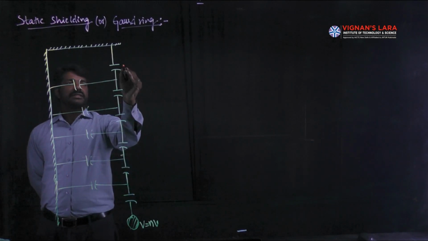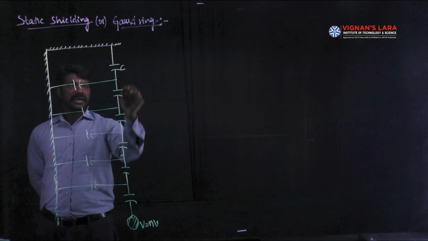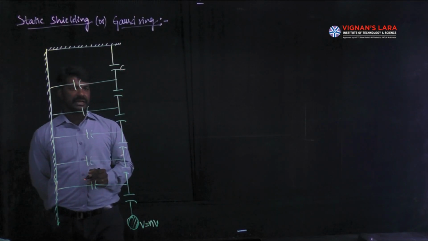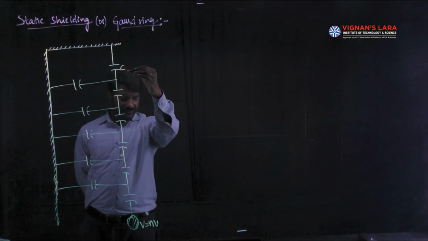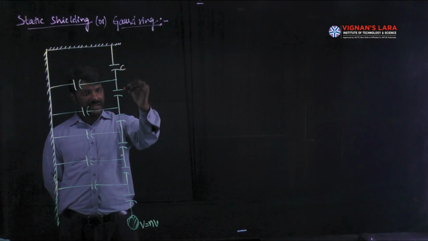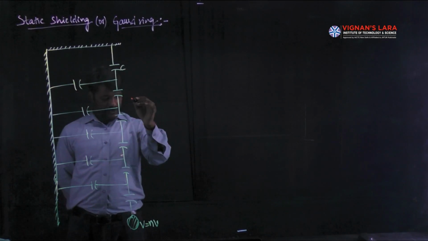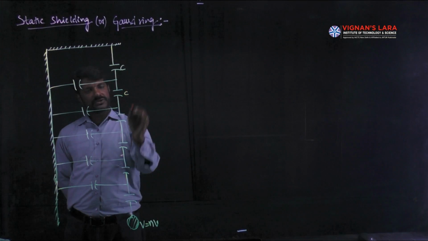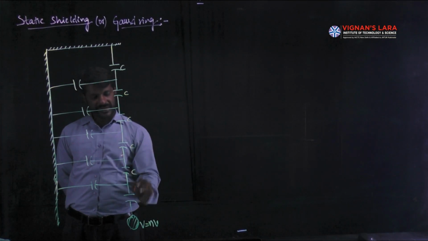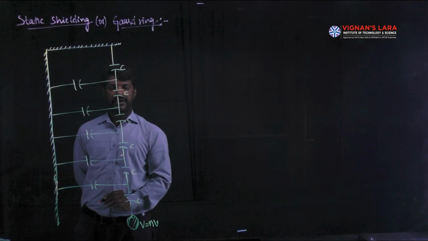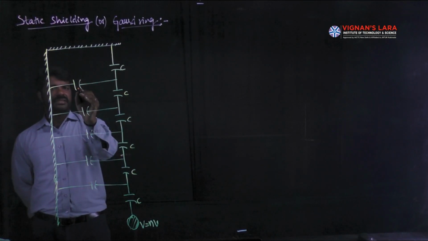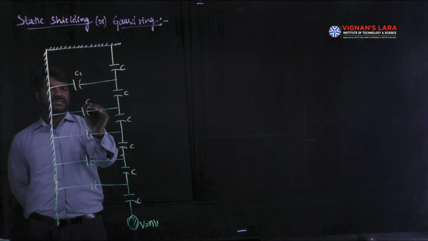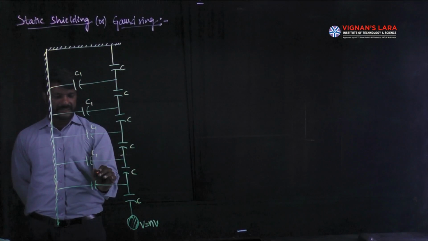Since the capacitances used here, let me assume this is a C value of the capacitances, so that this is also C, equal amounts of self capacitances are provided. Next, this is shunt capacitance C1, like this.